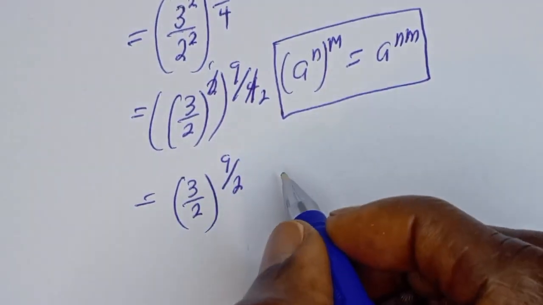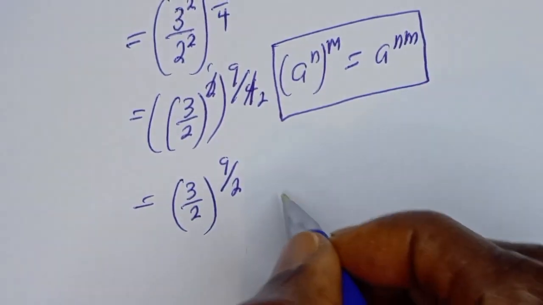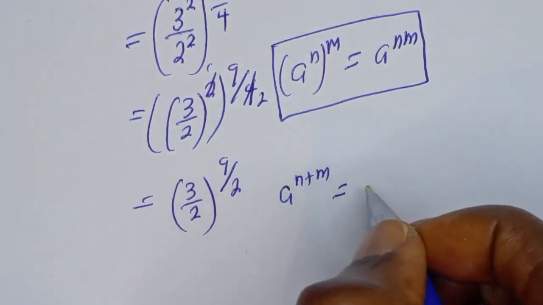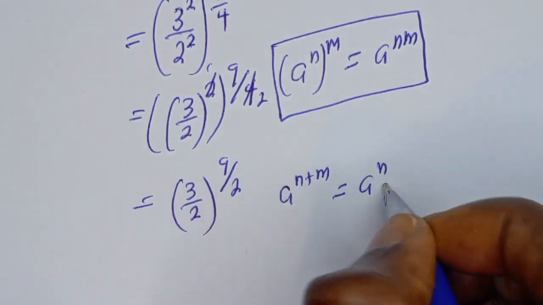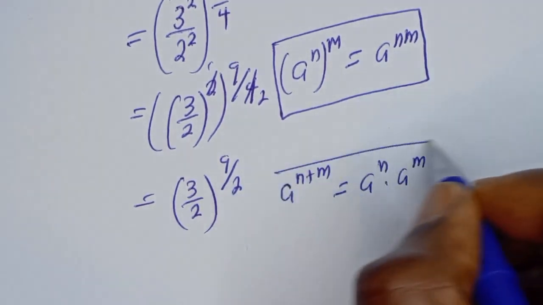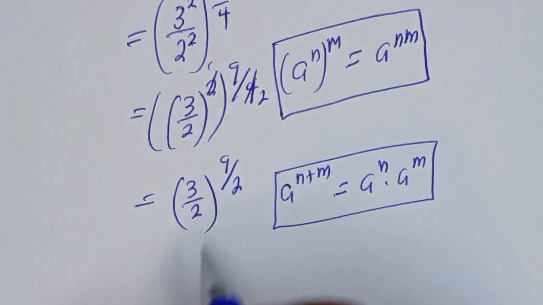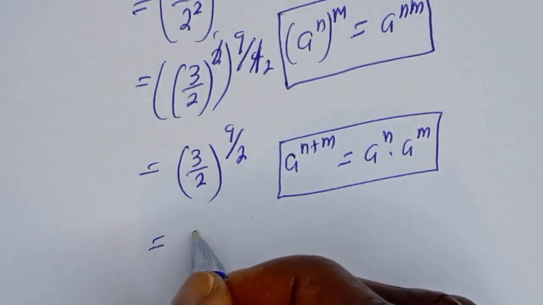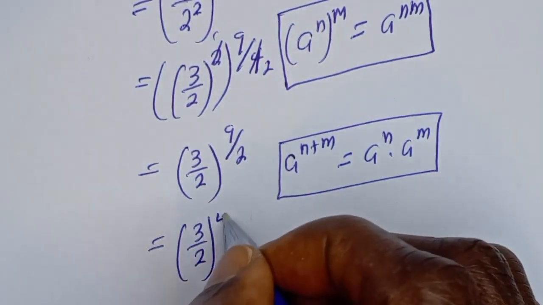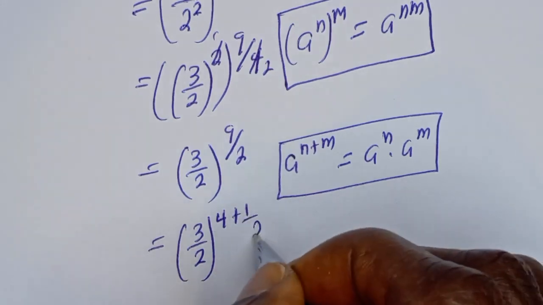Now, take note also that if you have a raised to power n plus m, this is equal to a raised to power n multiplied by a raised to power m. This is equal to (3/2) to the power of 9/2, which can be written as 4 plus 1/2.